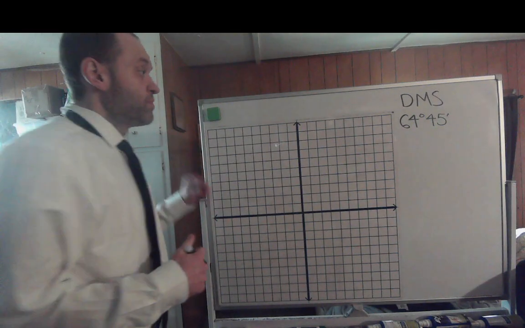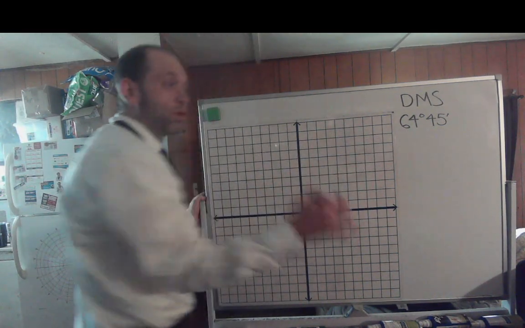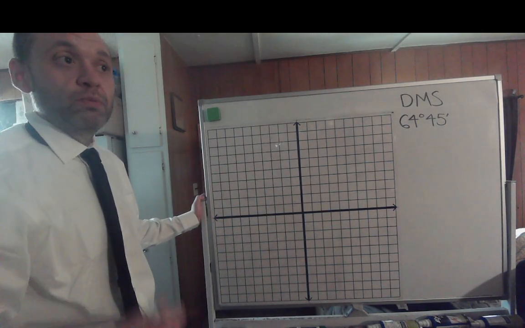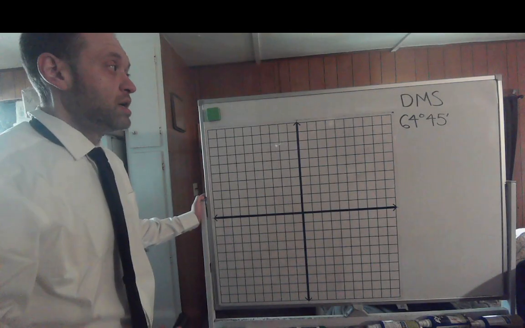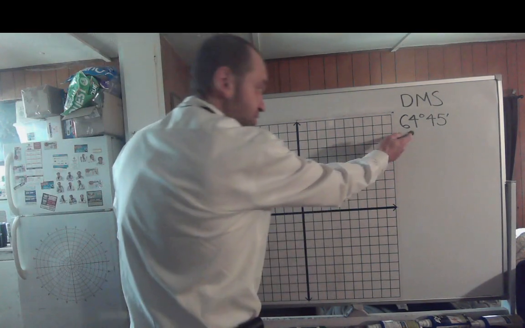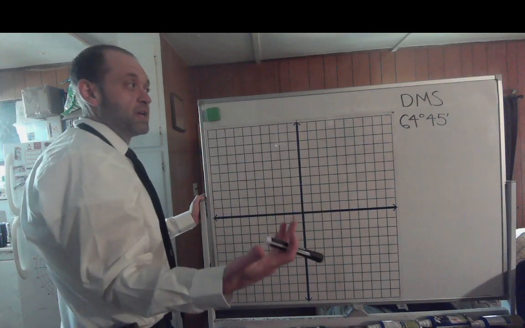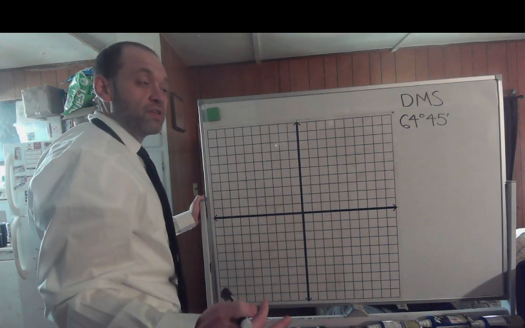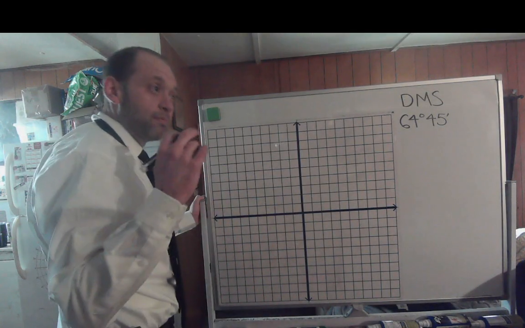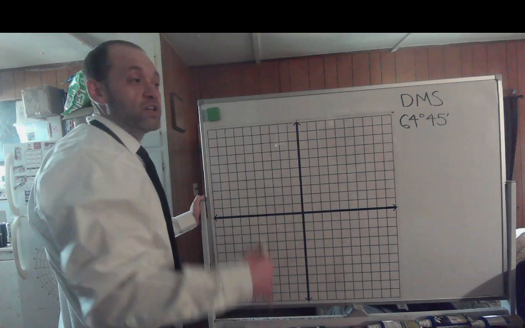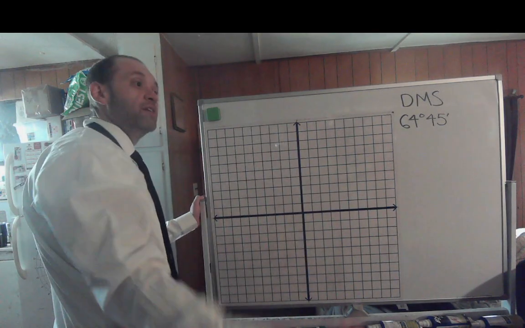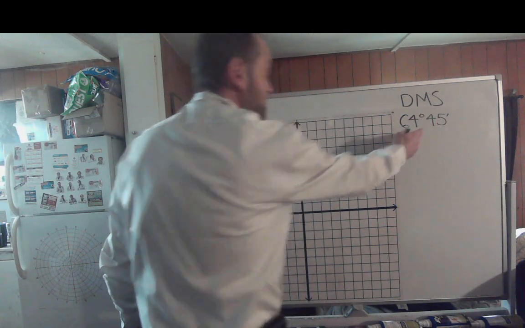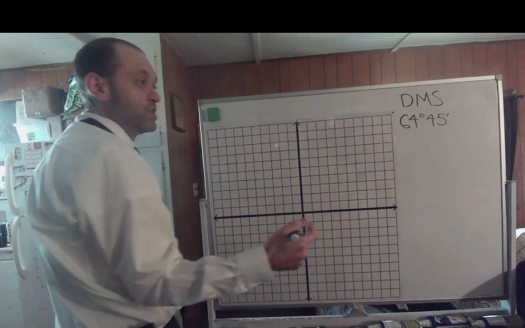It works largely the same like hours, minutes, and seconds when you're dealing with time. So your degrees are kind of like your hours. Your minutes are 1/60th of an hour, and then your seconds are 1/60th of a minute.